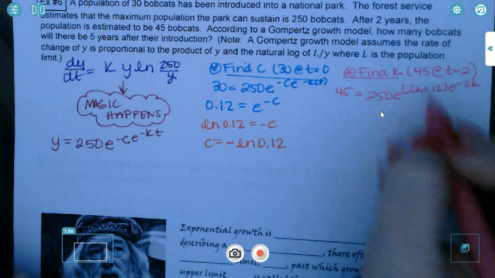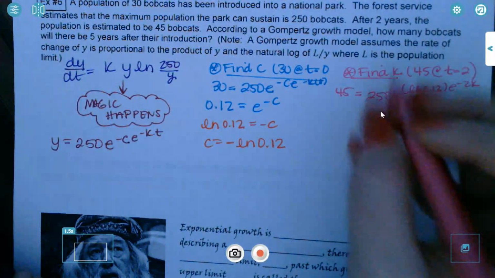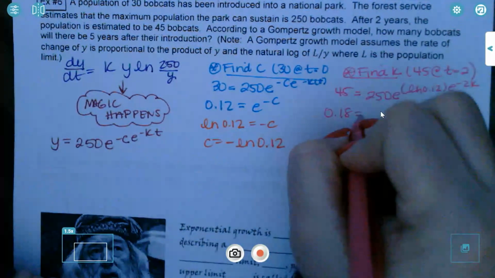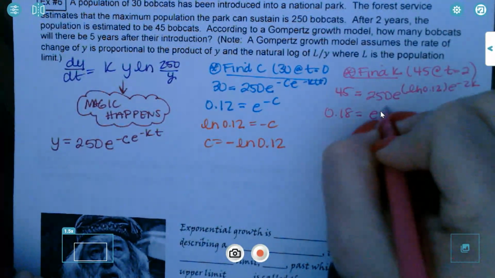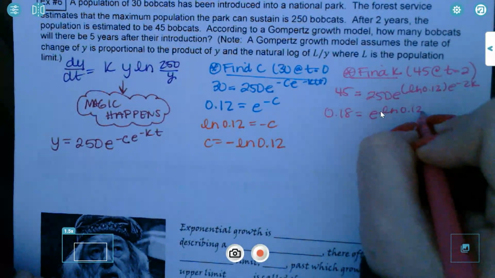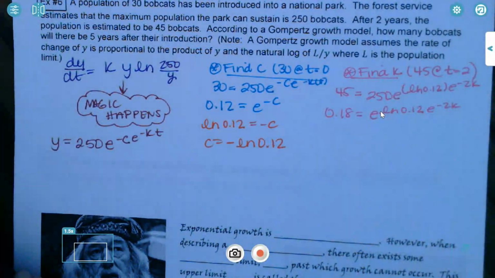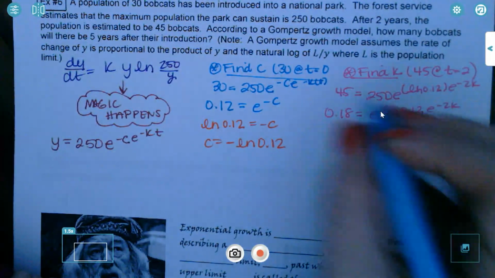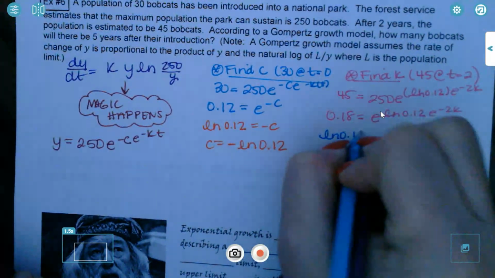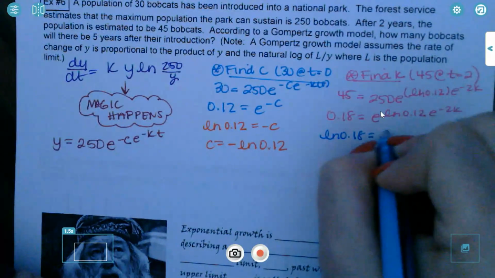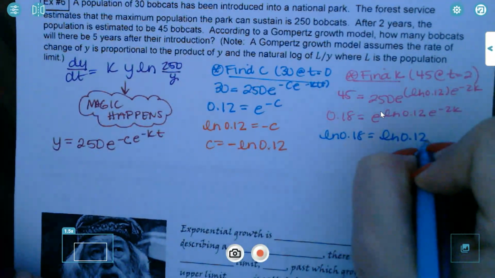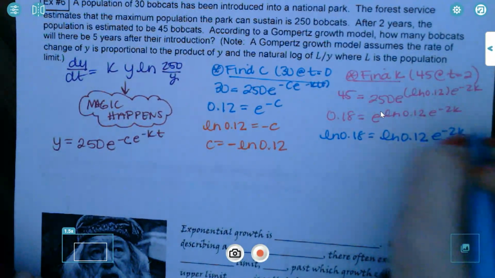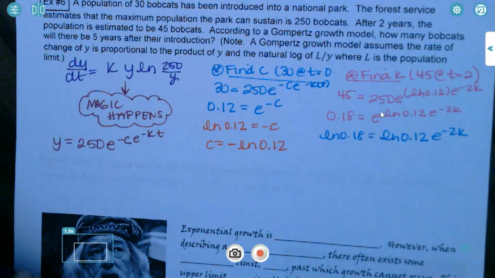All right, plug it all in, divide here. Okay, take the natural log of both sides. And we're going to do all that math.